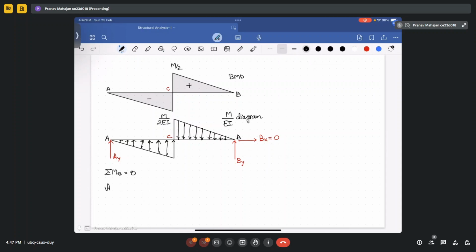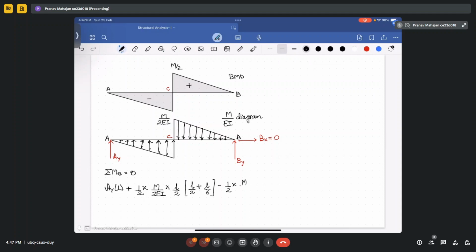You will be having Ay into L plus 1 by 2. Now this loading will come to EI. What will be the distance? Distance will be L by 2 plus L by 6. Now another loading will also come, that is negative. It is there in anti-clockwise direction.